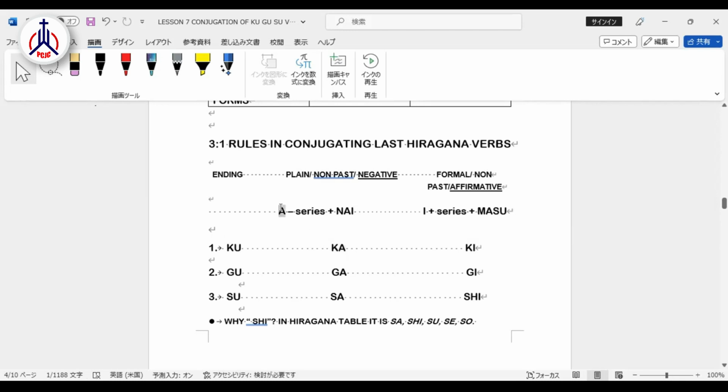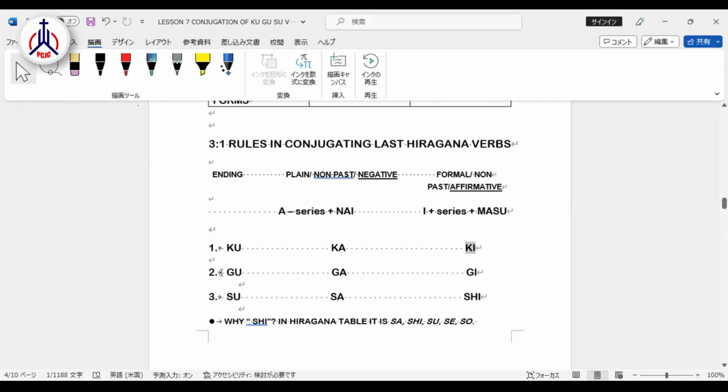A. Okay? Ka. And then, in the formal non-past affirmative, if it is ku or ka, change that to the I series, becomes ki.